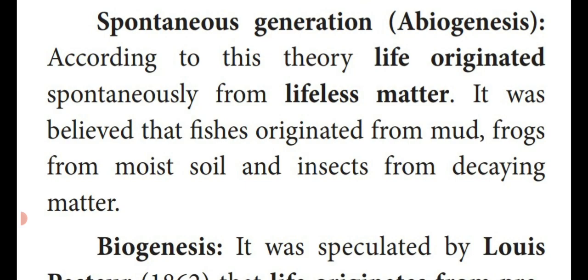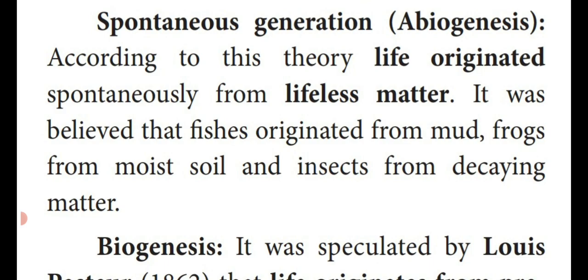This theory believed that fish, a living thing, originated from mud. Frogs originated from moist soil, and insects originated from decaying matter. So mud, moist soil and decaying matter are non-living things.